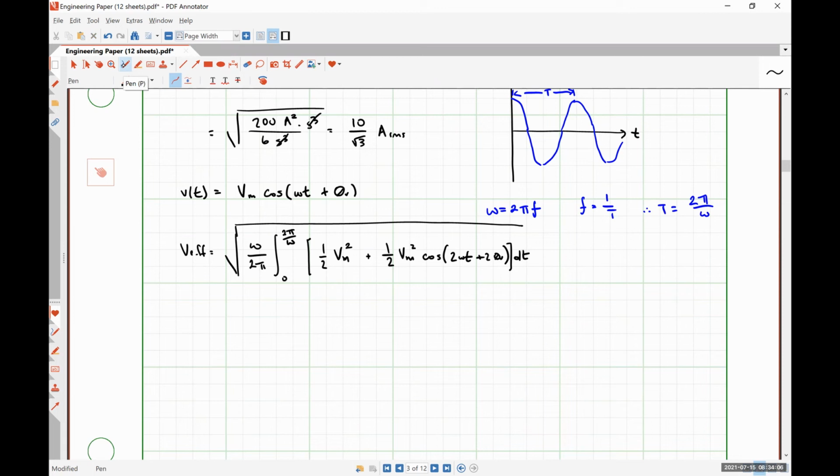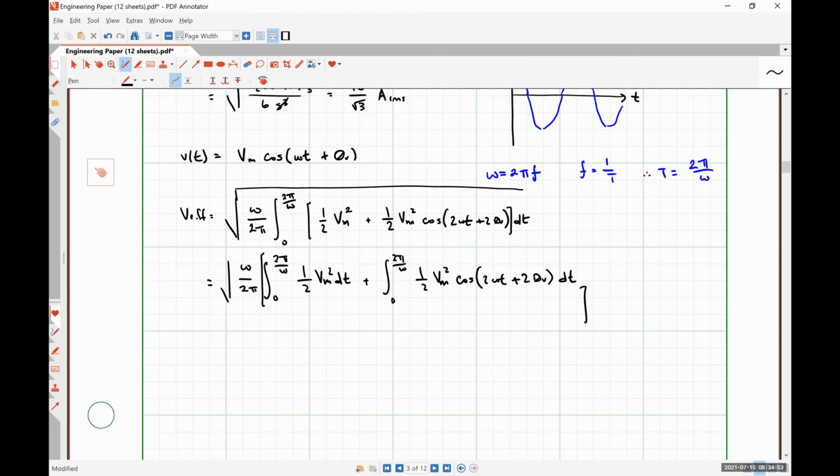I don't need to close my brackets because I've already done that. All right, so we could in turn split that integral up: the integral of 1/2 Vm squared dt plus the integral from 0 to 2 pi over omega of 1/2 Vm squared cosine of twice omega t plus twice theta v dt.